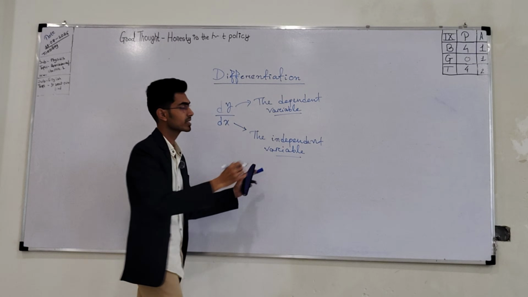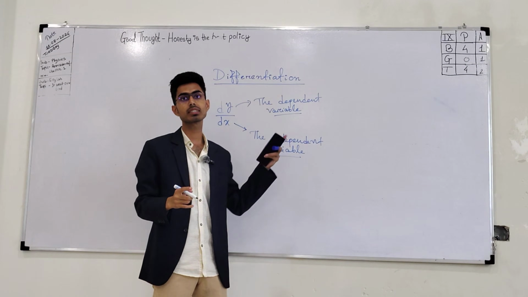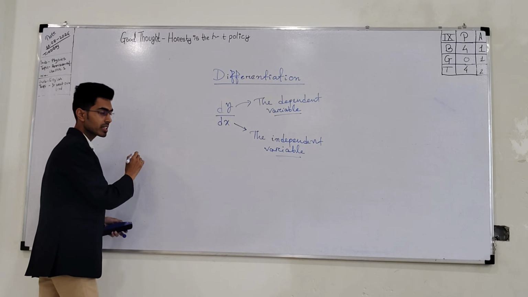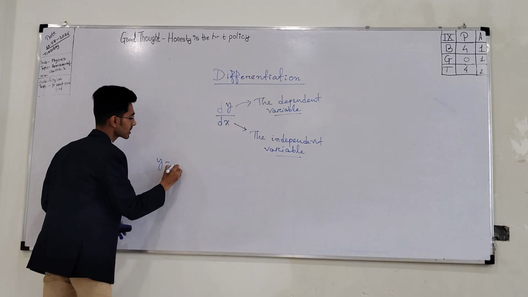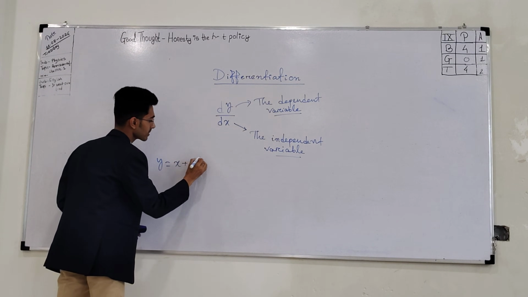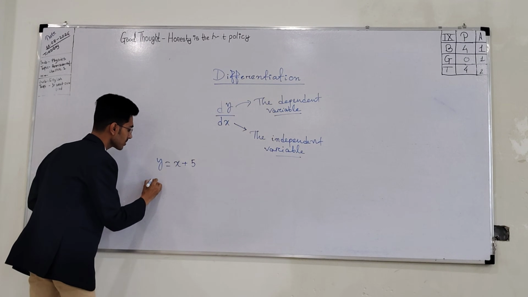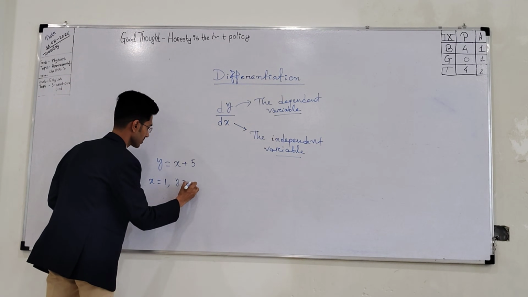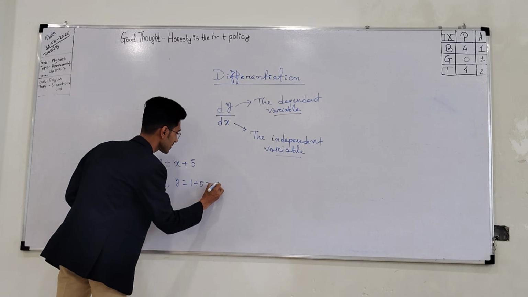So what is an independent variable and what is a dependent variable? Now we will have to learn that. Let us suppose a linear equation y equals x plus 5. If we put x equals 1, then y equals 1 plus 5, that is 6.